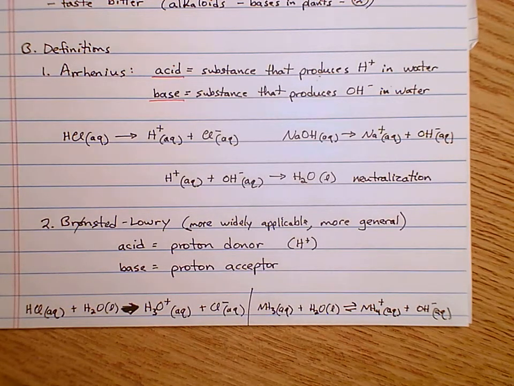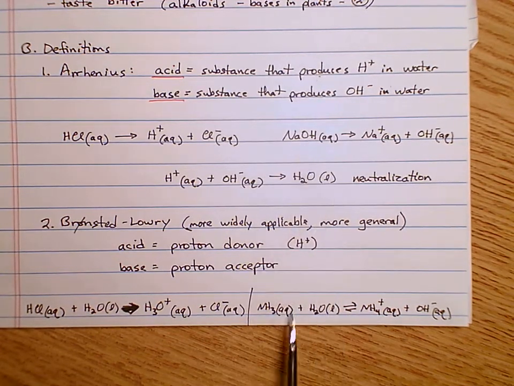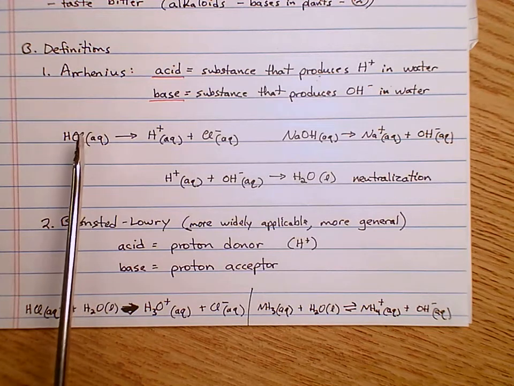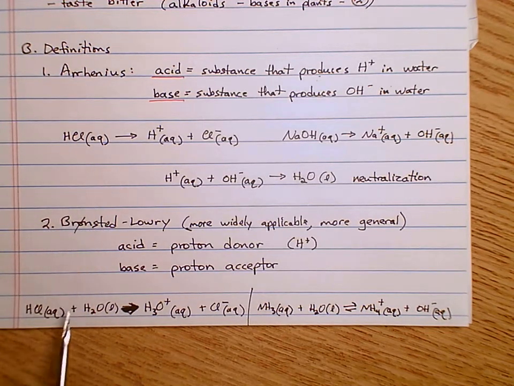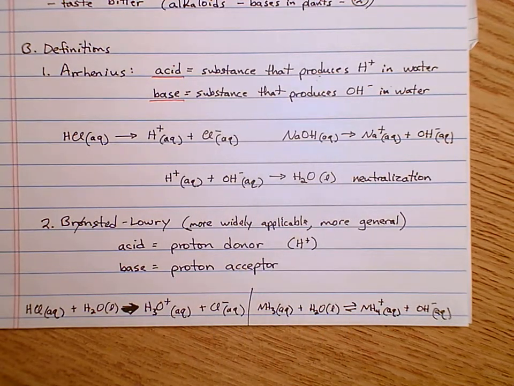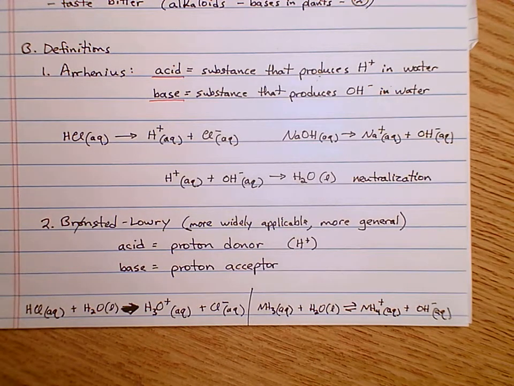And strong bases like sodium hydroxide don't really work very well with Bronsted-Lowry. So if you're writing an acid dissociating in water, it doesn't matter too much if you use Arrhenius or Bronsted-Lowry. If you're writing strong base dissociation, you need to use Arrhenius. If you're writing a weak base reaction, you need to use Bronsted-Lowry.